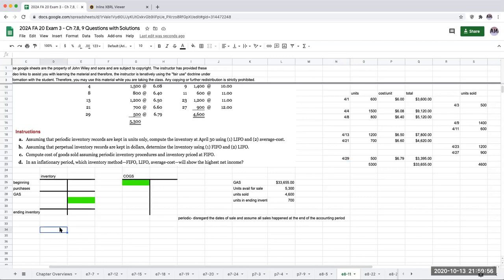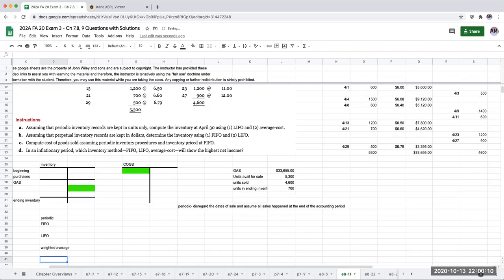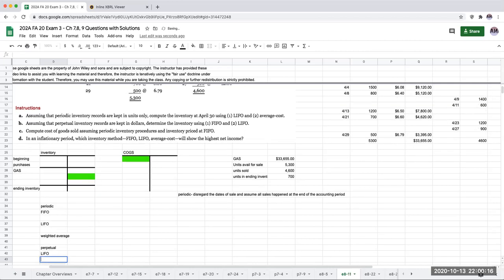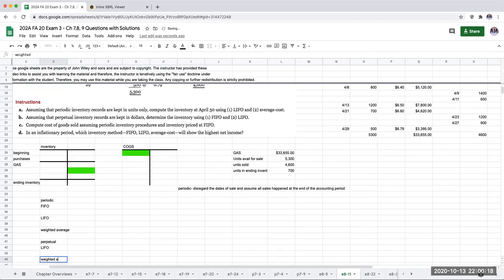I can ask you for periodic FIFO, LIFO, weighted average, and I can ask you for perpetual LIFO and then weighted average.